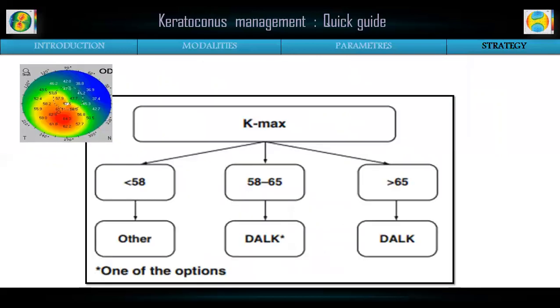The Kmax, if we have a Kmax less than 58, we can suggest for him other options like intracorneal rings or cross-linking with PRK or intraocular refractive lenses. If more than 58, we should think about the DALK.